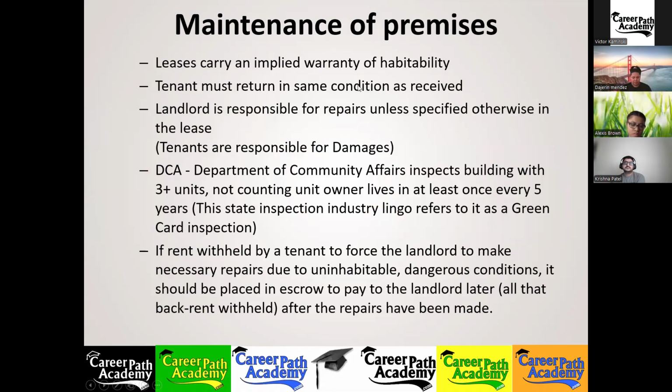Okay, leases carry an implied warranty of habitability, saying that the premises are fit for human habitation. A tenant must return the property to the same condition as they received it. The landlord is responsible for repairs unless specified otherwise in the lease. Tenants are always responsible for any damages they do. And the DCA, the Department of Community Affairs, inspects buildings with 3 or more units, not counting the unit that the owner lives in, at least once every 5 years.